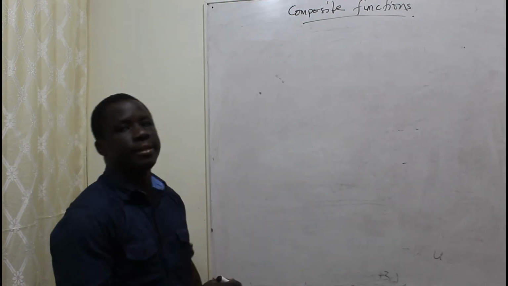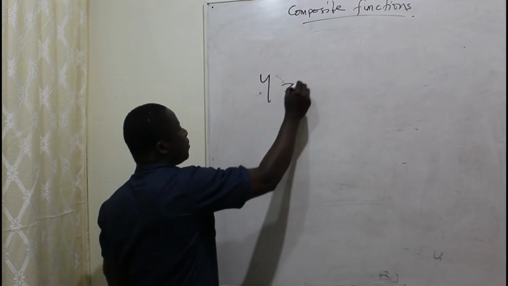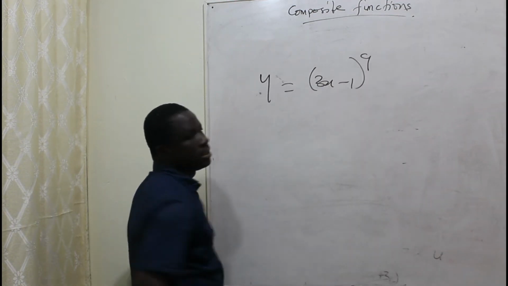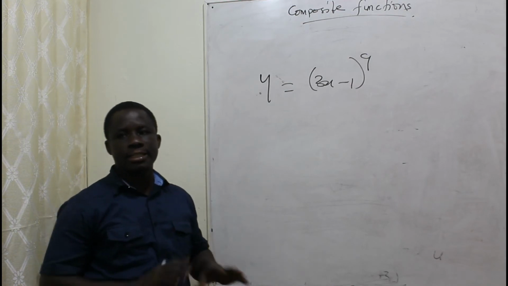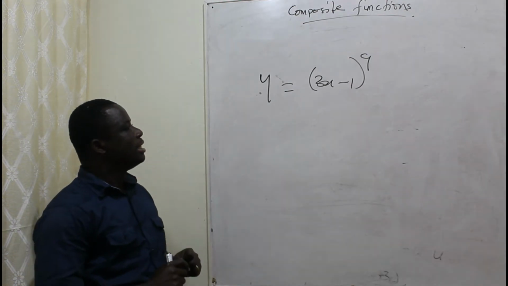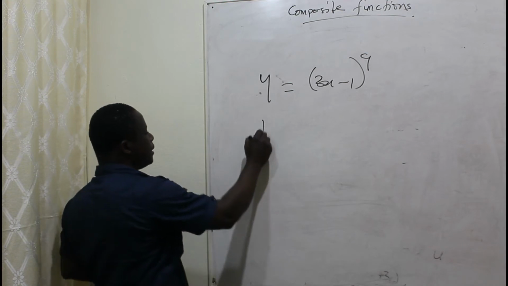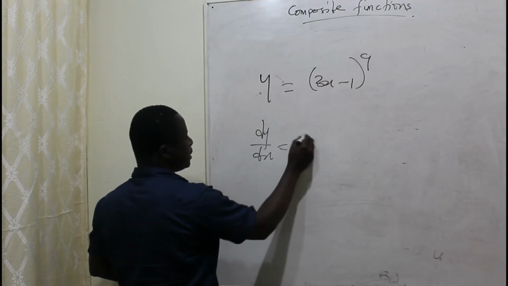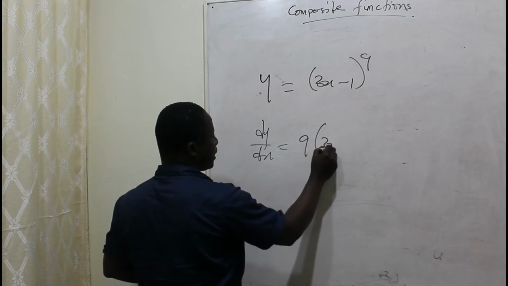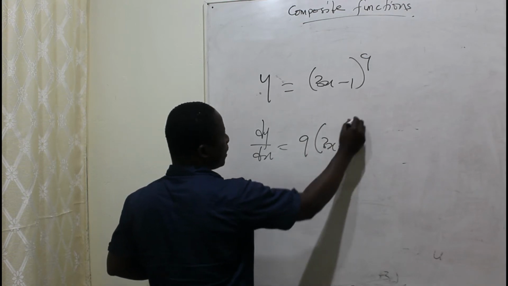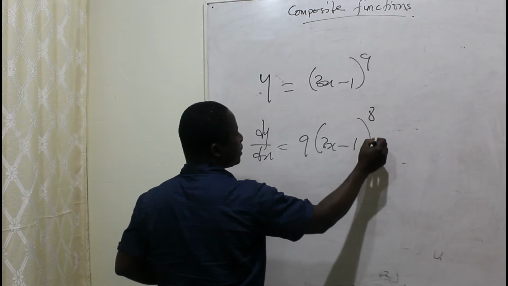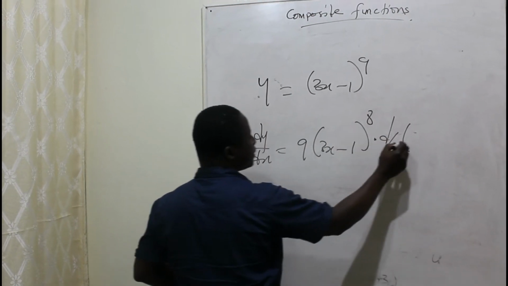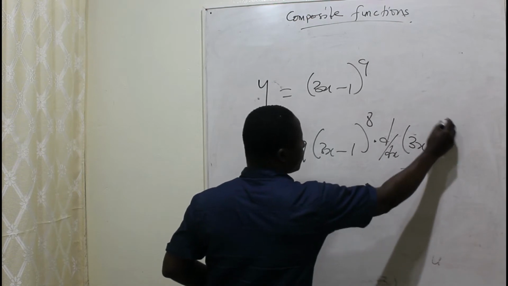We want to differentiate y = (3x - 1) exponent 9. To differentiate such a function, you find dy/dx. Then you differentiate the total function, then it is 9(3x - 1), subtract 1 is 8, times d/dx of the inside function, which is 3x - 1.